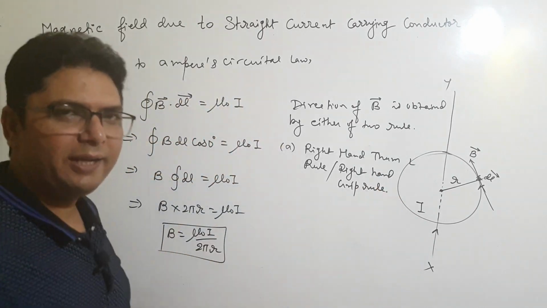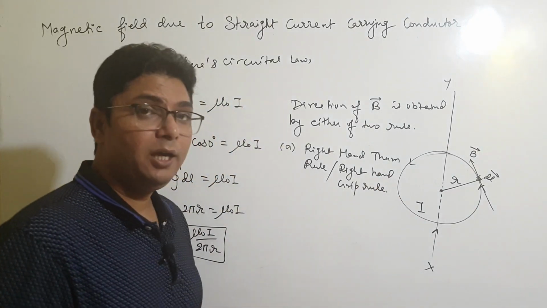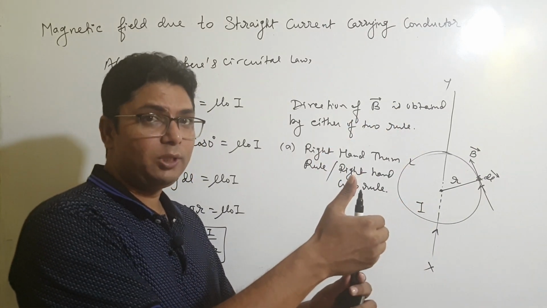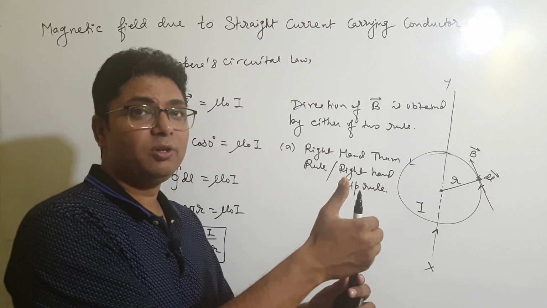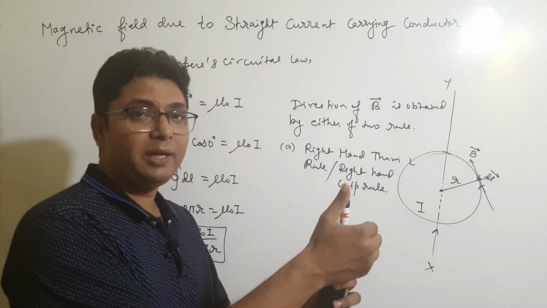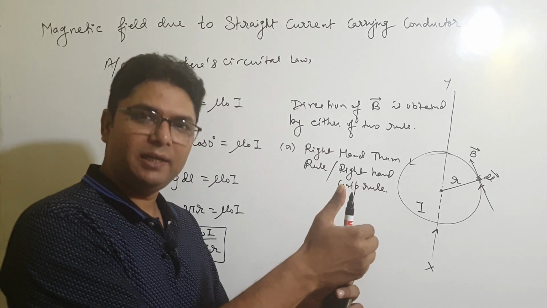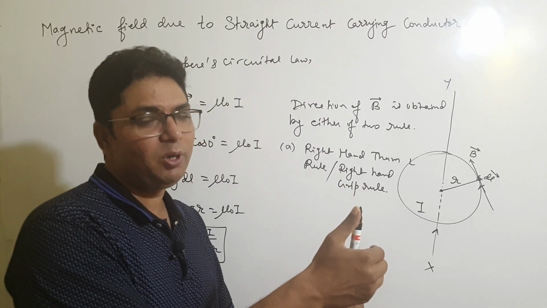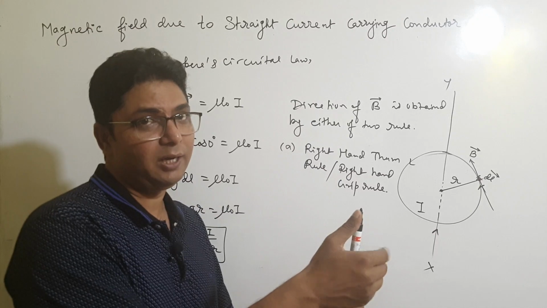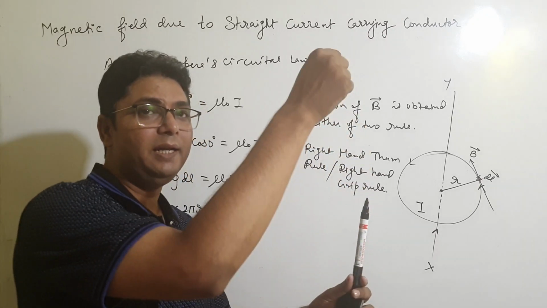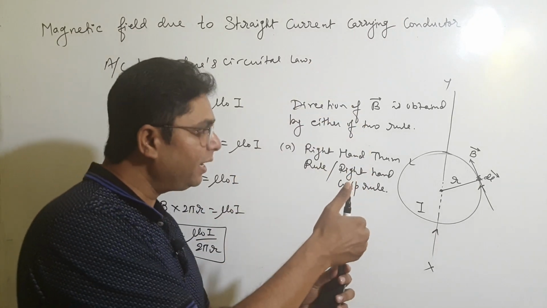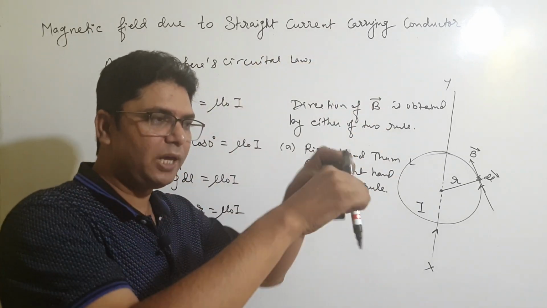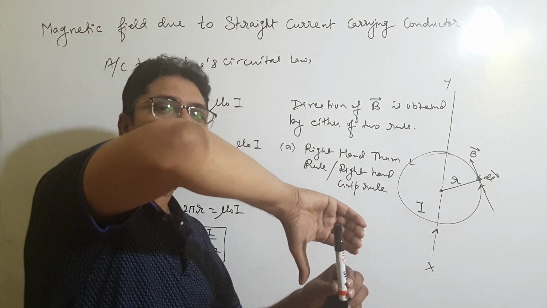If you use the right hand thumb rule, then hold the current carrying wire by your right hand so that the thumb indicates the direction of current, then the grip indicates the direction of magnetic field. Same for the right hand grip rule also, because the grip will indicate the direction of magnetic field. So if the current is moving upside, then the magnetic field is anti-clockwise, and if the current is moving downside, then the magnetic field will be clockwise.